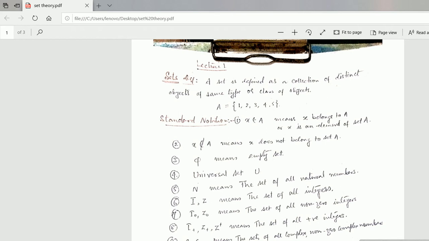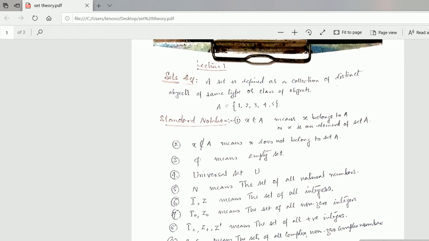Basically, set theory is the mathematical theory of well-determined collections, called sets, of objects that are called members or elements of the set. In mathematics, the word set is used to represent a collection of objects viewed as a single entity.